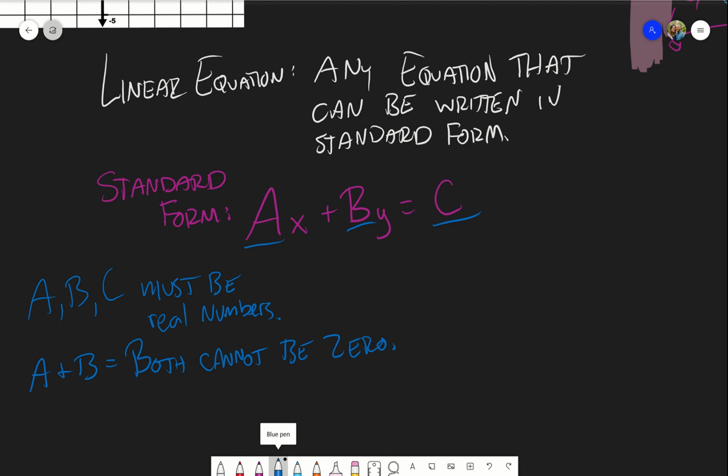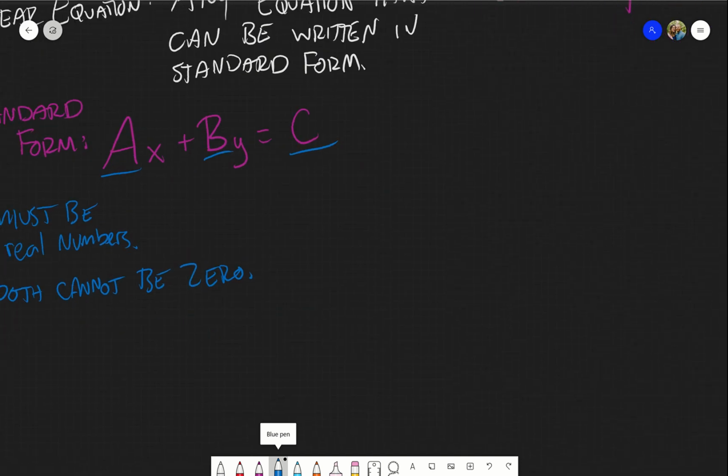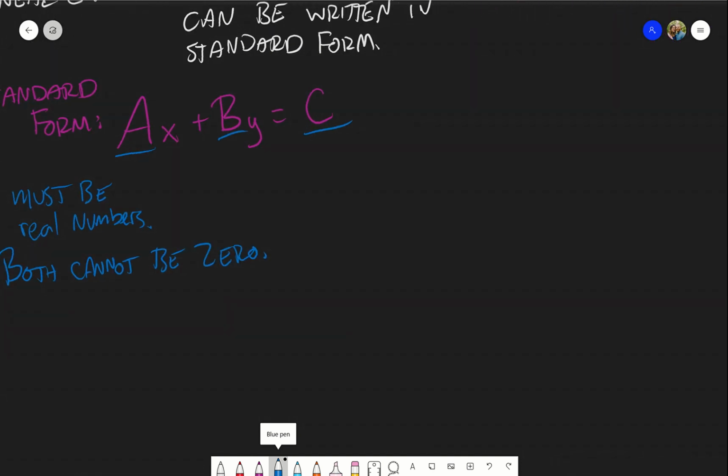All right, a way we might see standard form is 3x plus 2y equals 10. If it is written in this form, where it's something x plus something y equals something else, this is standard form. This is linear.